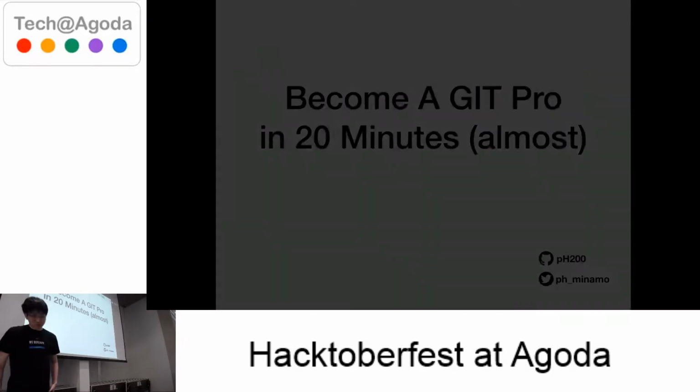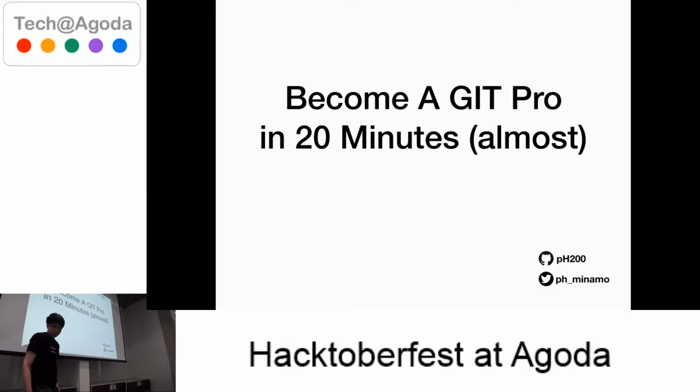So, to contribute to an open source project on GitHub, you must know how to use Git, and here I'm going to share how to become a Git pro in 20 minutes, sort of. And you can check out my GitHub account, which is on the monitor.